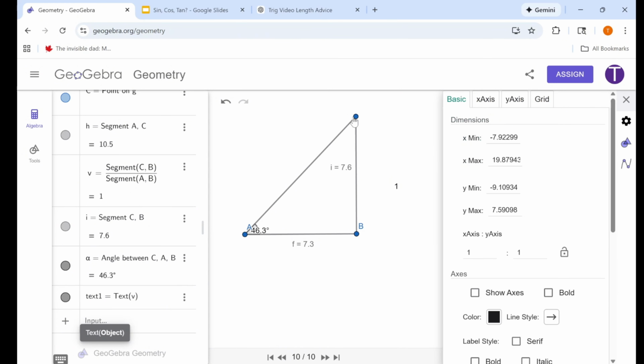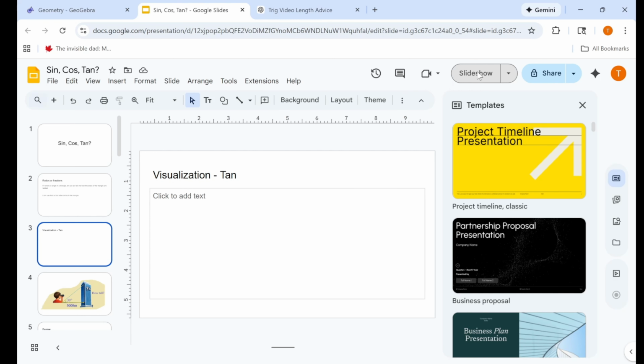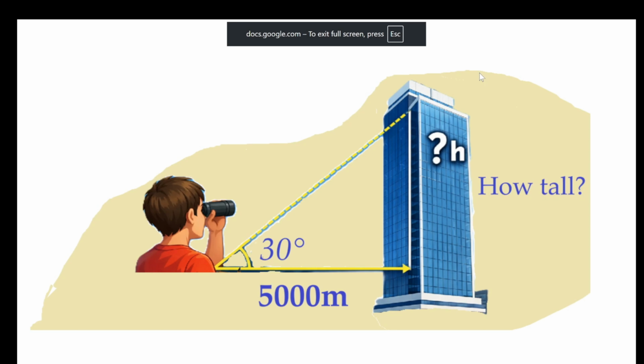It's telling us the relationship between this side and this side. So when I divide this side by this side, that's going to be the tangent. And we're going to look at it a little bit more later. But it's telling you that as the angle gets smaller, the tangent gets smaller, and as the angle gets bigger, the tangent gets bigger.